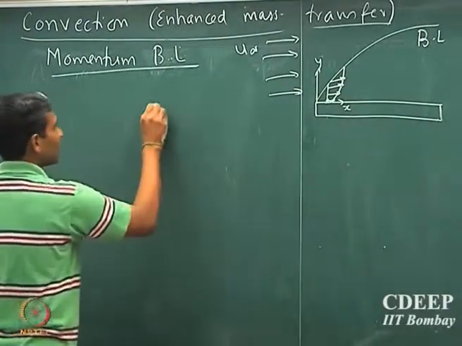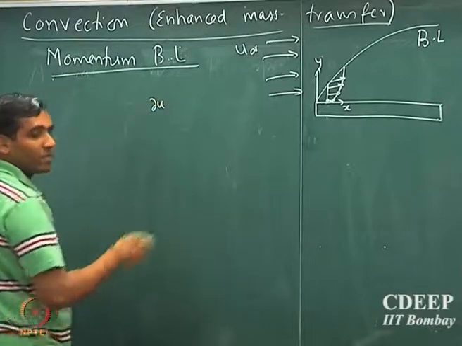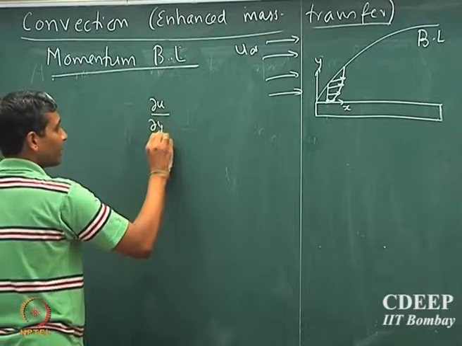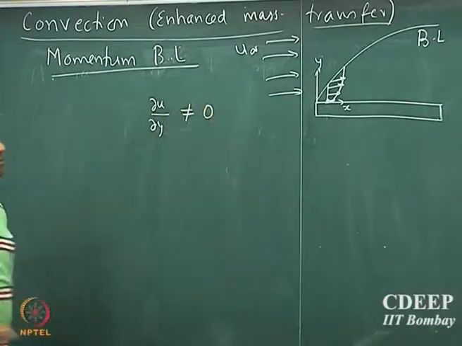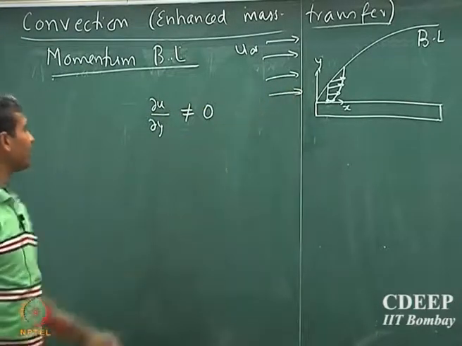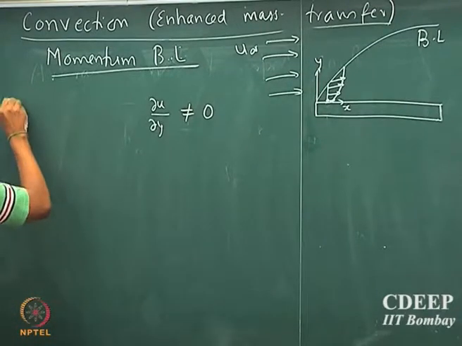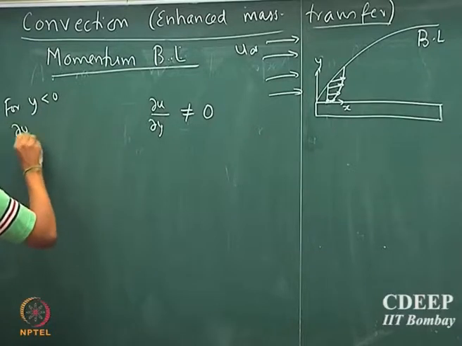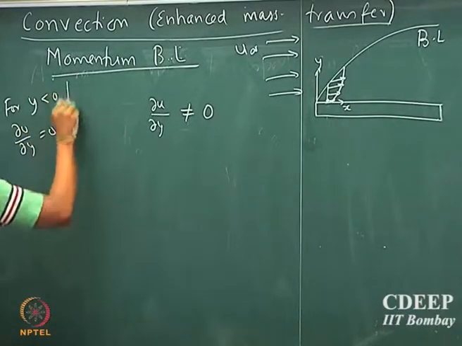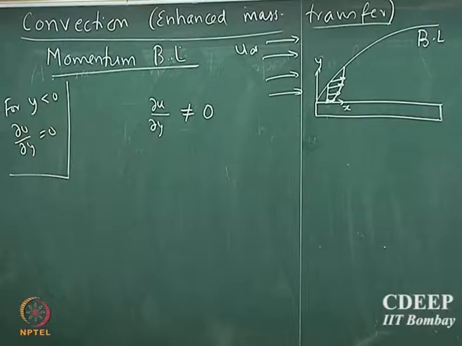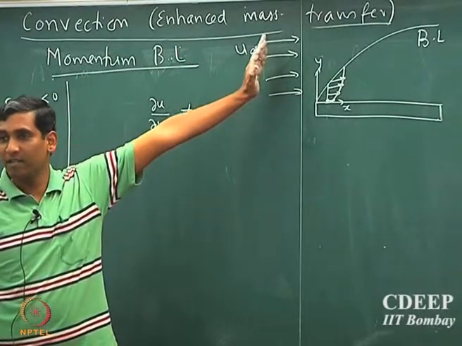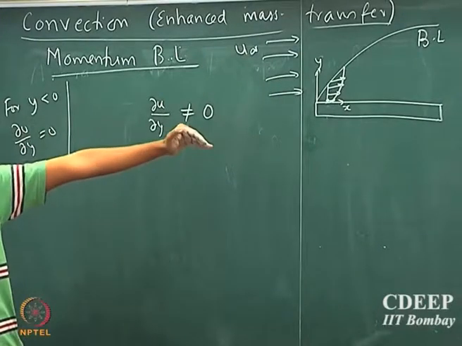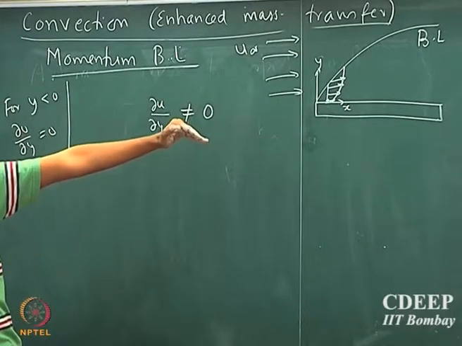Therefore, if u is the x component velocity, du by dy is not equal to 0. Before the plate, for x less than 0, du by dy is 0. This is very important because we assume that it is a flat velocity profile, so the velocity of every fluid particle is exactly the same, and there is no gradient in the y direction.